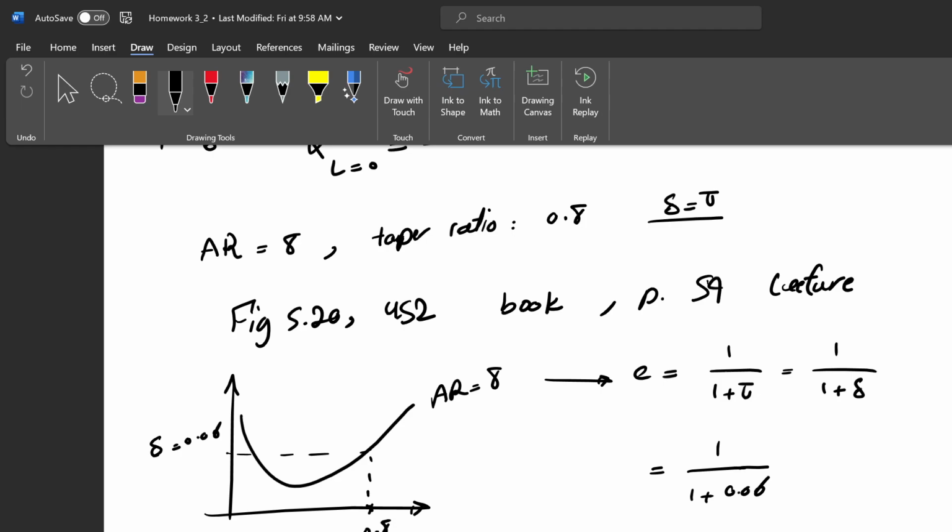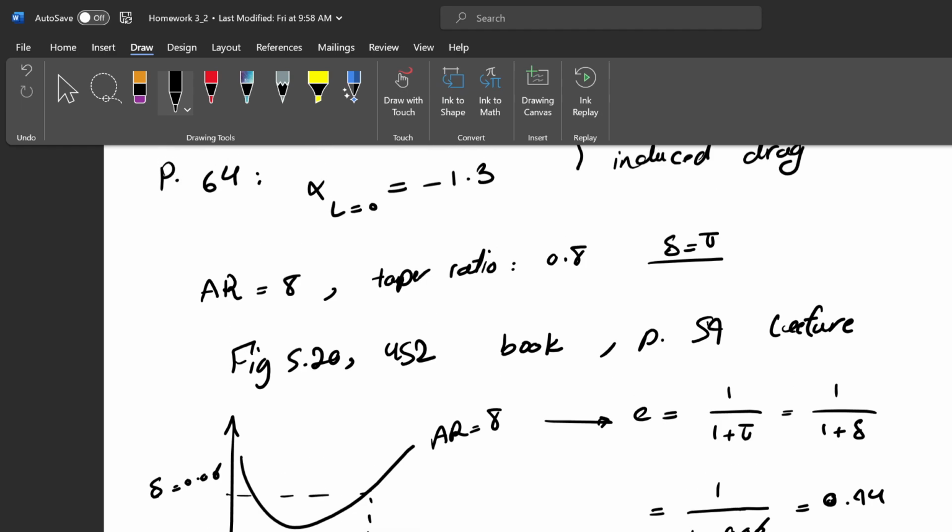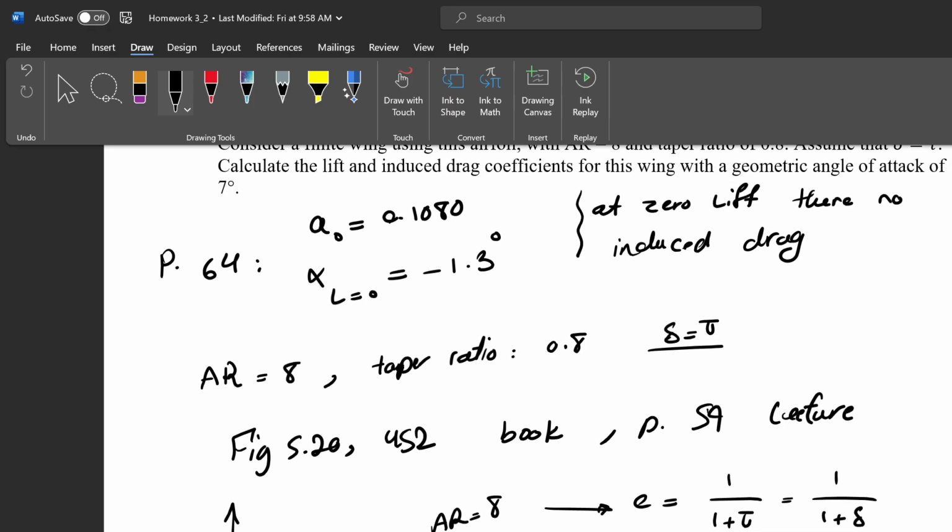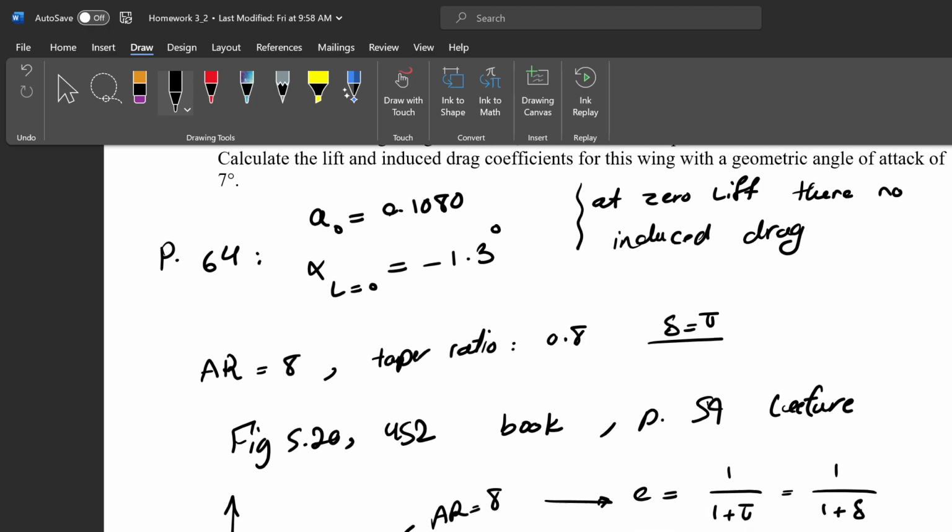So we have to divide 1 by 1.06, I'm sorry. This is going to give us a value of 0.94. This is very close to an elliptical wing.